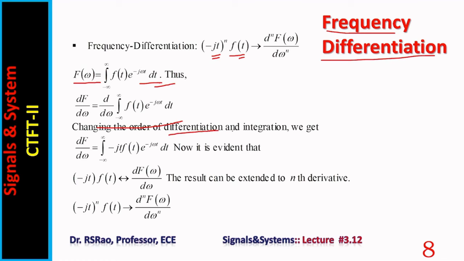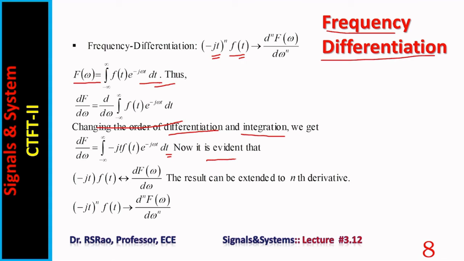Changing the order of differentiation and integration, we get dF/dω is the integral from minus infinity to plus infinity of minus jt f(t) e^(-jωt) dt.